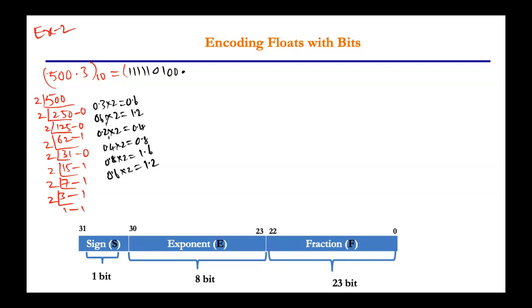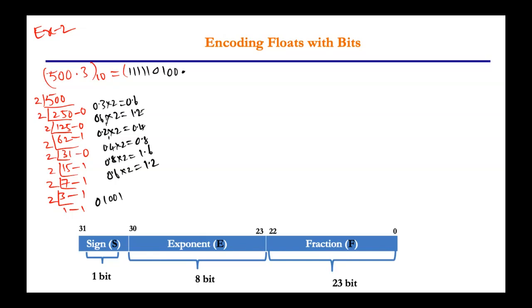From here you can see 0.6, 1.2 repeats again. So the bits are 0, 1, 0, 0, 1, because it repeats: 0.6, 0.2, then 0.4 comes, then 0.8 comes. So it follows 0, 1, 0, 0.